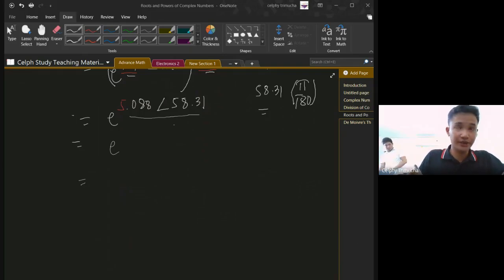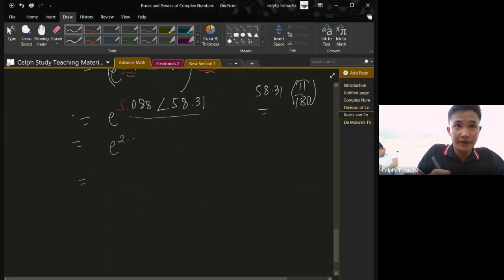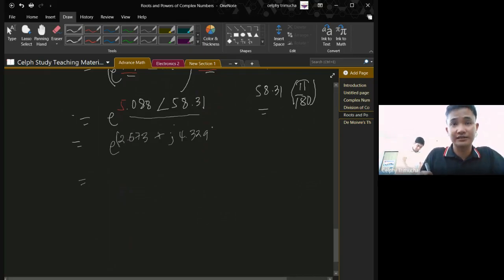So that is 2.673 plus j times 4.329. So this time naka-express na in rectangular form nga ito nga exponent, so pwede na siya ma-separate.